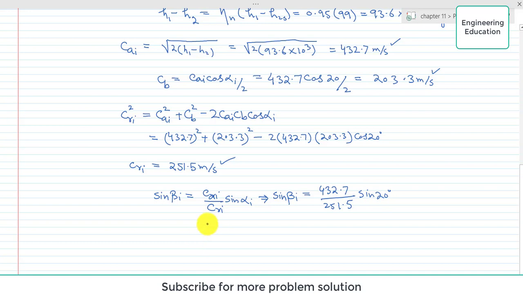Simplifying this and calculating for beta I, the value of beta I is equal to 36.05 degree.